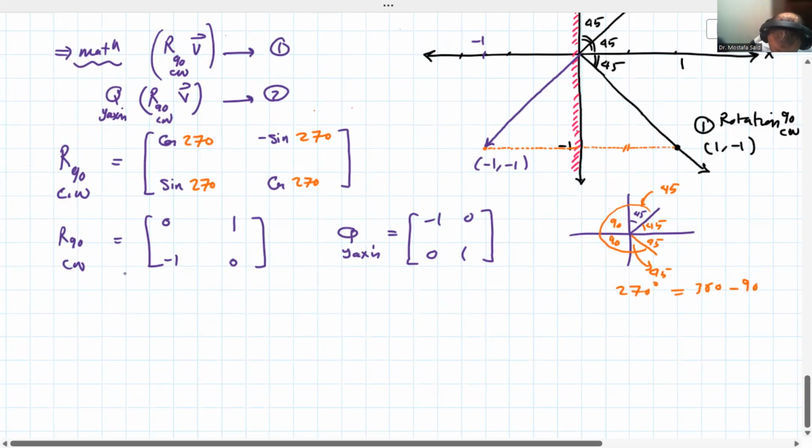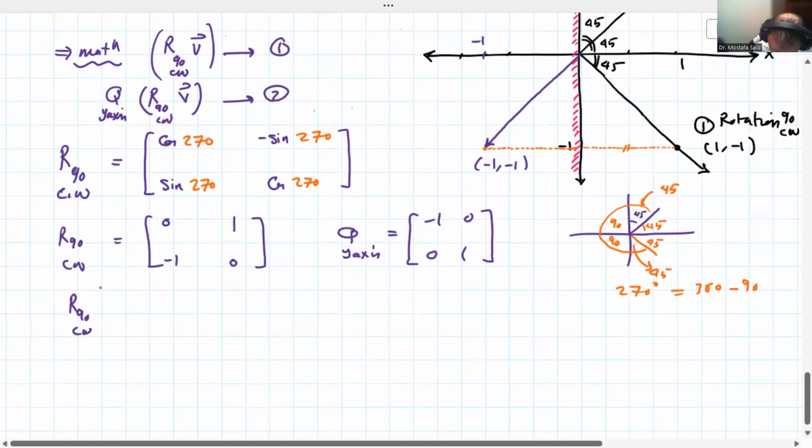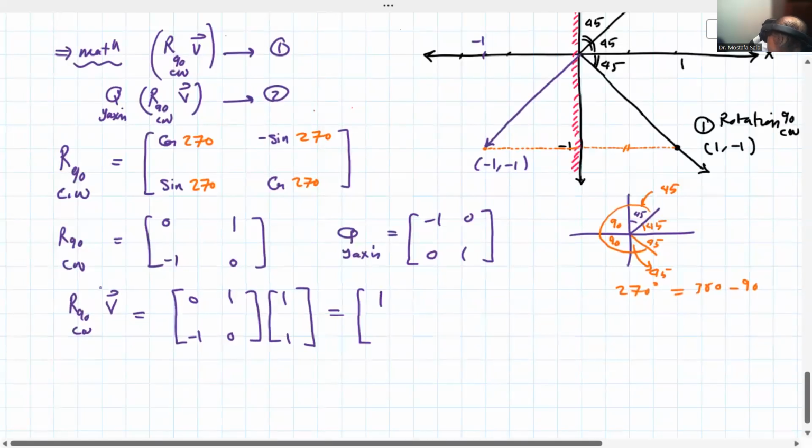So let's do that. First we multiply R90 clockwise with V. So 0, 1, minus 1, 0, multiplied by 1, 1. This will give us 1 and minus 1.